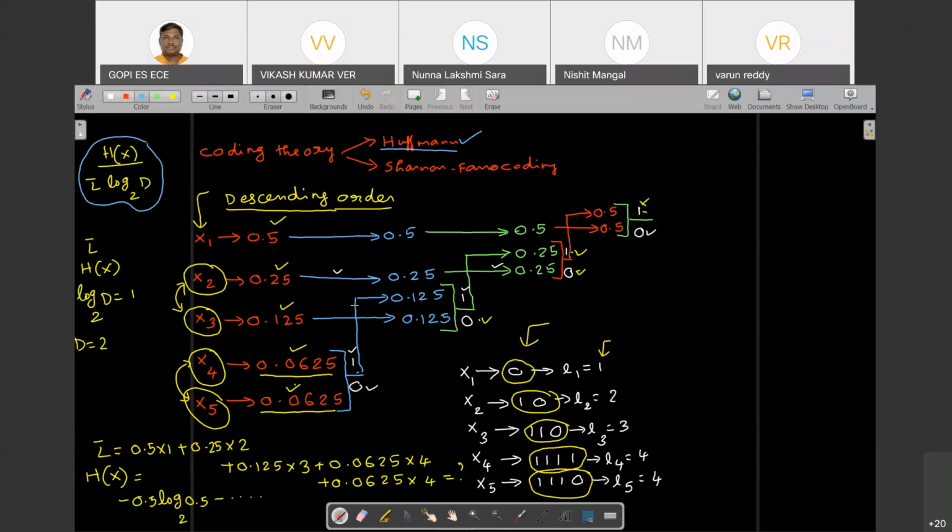L bar also 2.65. Excellent. So you just cross check it. Anyhow, we'll check in the next class, right? As Nishit Mangal has written, you get this as 100% in the next class. We'll stop here. Is that all right?